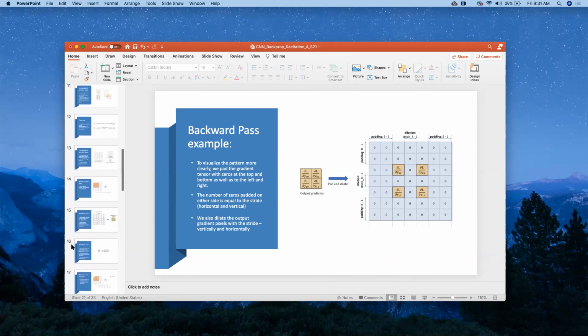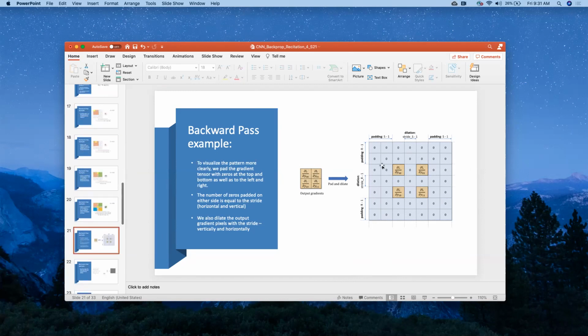You'll get a similar formula which will make your life easier, so that you know that you just have to fill in those positions such that you maintain the dilation. You will be given that in your pseudocode, so you don't have to worry about the size of the upsampled matrix. Since you'll know the size, you'll know how much to dilate in between, and the exact positions where you have to place your gradient back into that matrix. Make sense? Yeah, thank you.